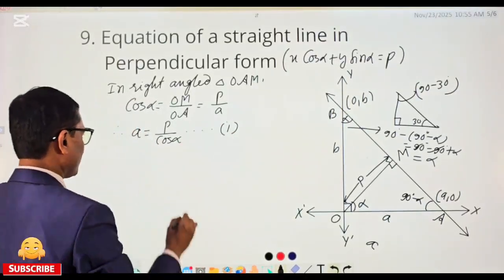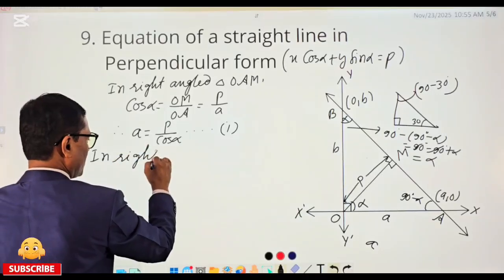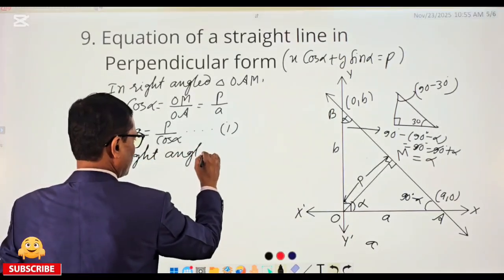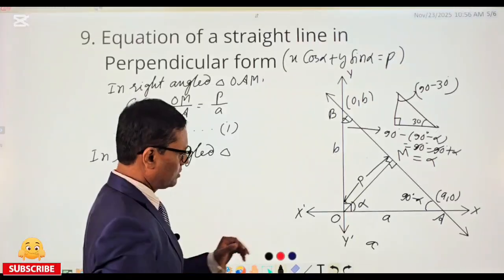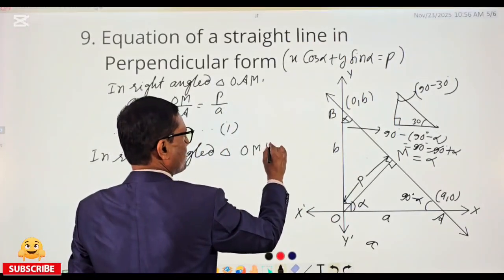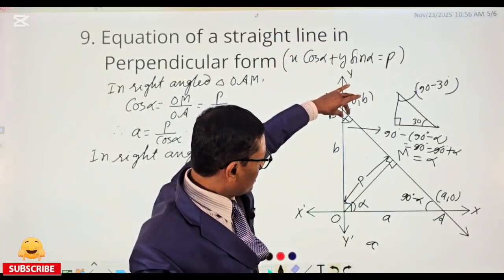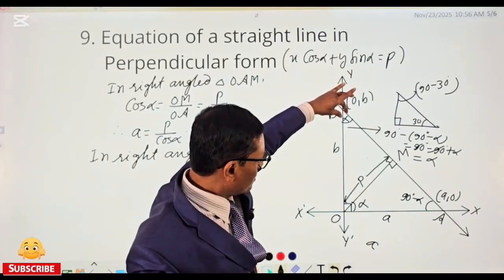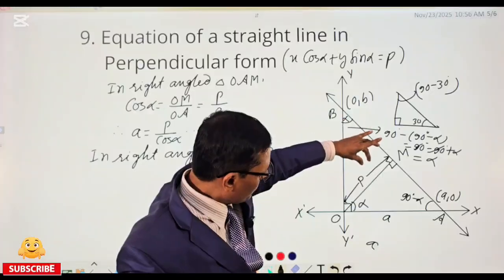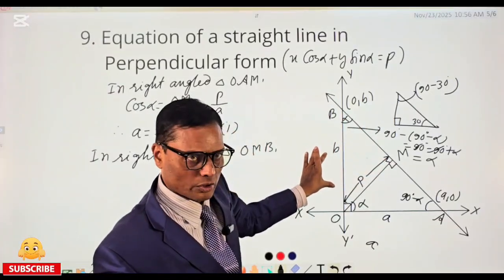Now, in the right angle triangle OMB, let's take this alpha as the reference angle. I am showing you this reference angle. So OM will be the perpendicular and the 90 degree angle is here, so OB will be the hypotenuse.